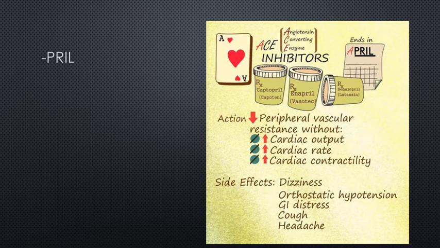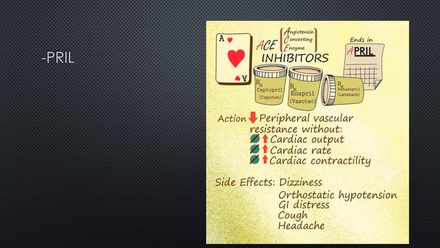And what it does is it lowers the level of angiotensin in the body, which dilates blood vessels, which in turn lowers blood pressure and blood flows easier, and the workload of the heart decreases.